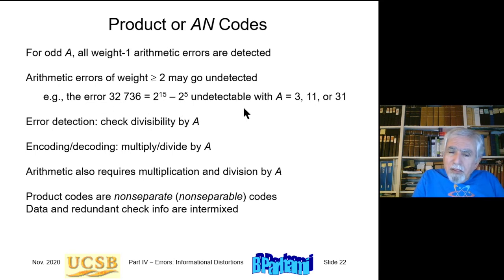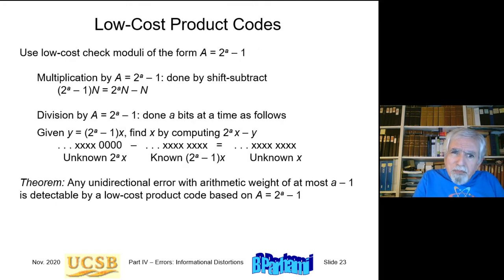Even 11 will not work because this number is also divisible by 11, and 31 will not work. So basically, product codes are for single arithmetic error detection. And to detect an error, we check divisibility by a.